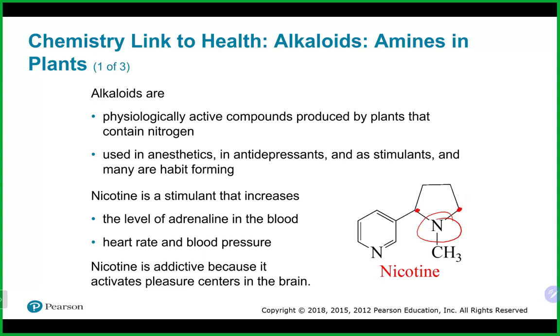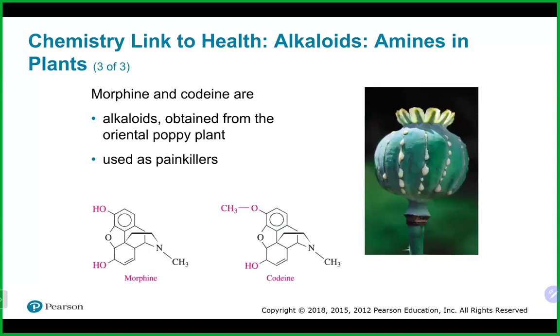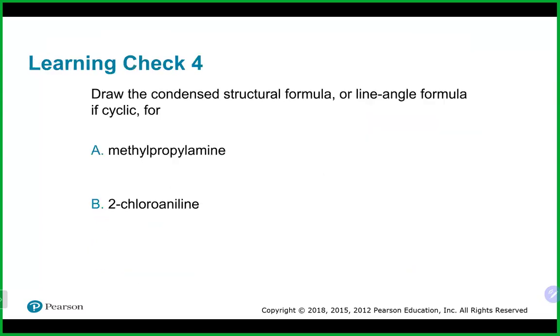Carbon there, and carbon there, attached to our nitrogen group. Caffeine as well. You've got a lot of amine going on in there. Coffee beans, tea, chocolate. So these amines are found in a lot of places. And morphine as well is also amine based.